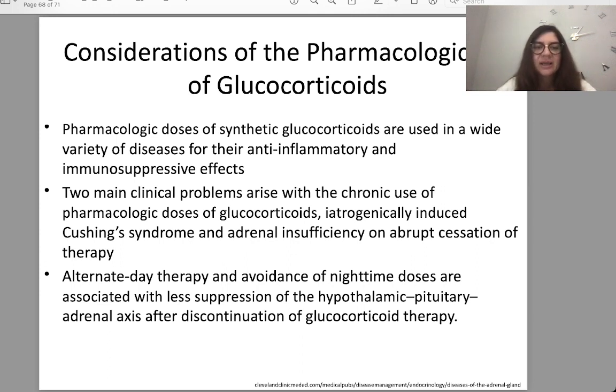Alternate day therapy and avoidance of nighttime doses are associated with less suppression of the hypothalamic-pituitary-adrenal axis, like physiological replacement of these hormones, and it makes discontinuation of glucocorticosteroid therapy easier for the patient.